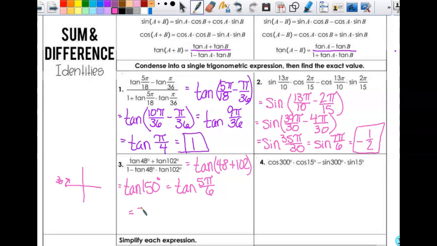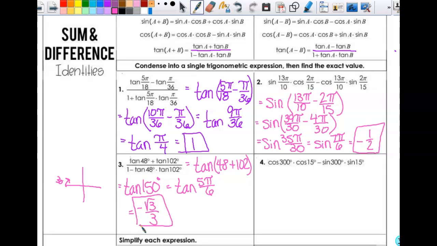That's one you definitely should know. What's that? Since I already know that I'm in the second quadrant, so tangent's negative, all I really need to know is the tangent of pi over 6. What's that? Oh, I think it's square root of 3 over 3. So my answer is negative square root of 3 over 3. And I'm done. We good? Thank you.